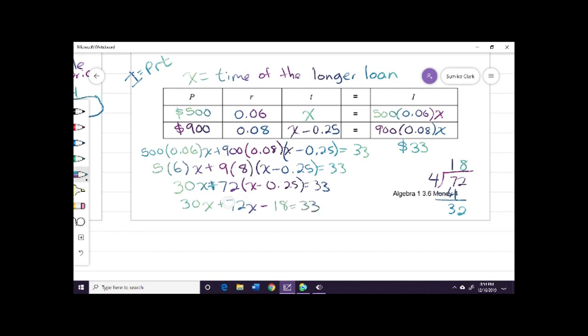And then we can combine like terms. So we get 102x minus 18 is equal to 33. Move the 18 from this side over there to isolate the x term. 102x, then we're going to add 18 and we get 51.